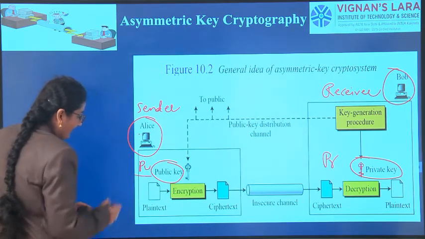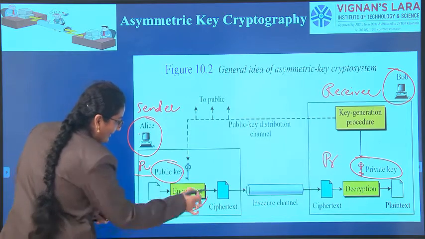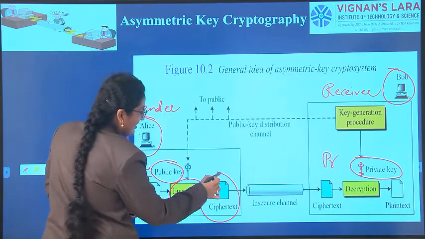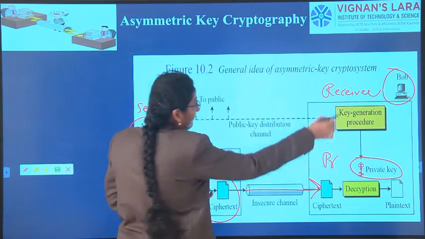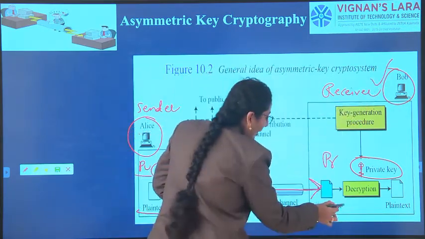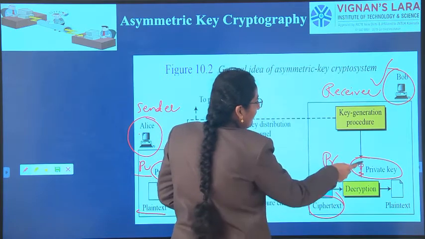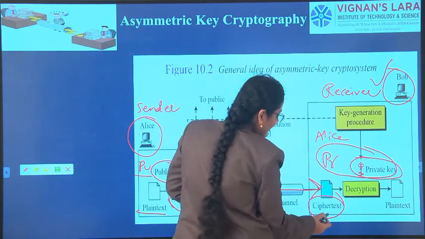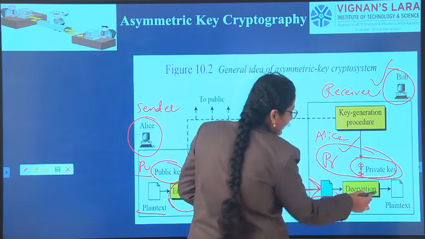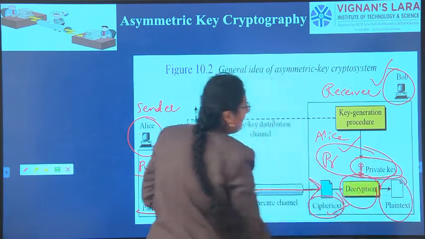Using Alice's public key, the plain text is encrypted and we got cipher text. In an insecure channel, this cipher text is given to Bob. Bob will take the cipher text and the private key of Alice. Using these, he will decrypt and get the plain text.